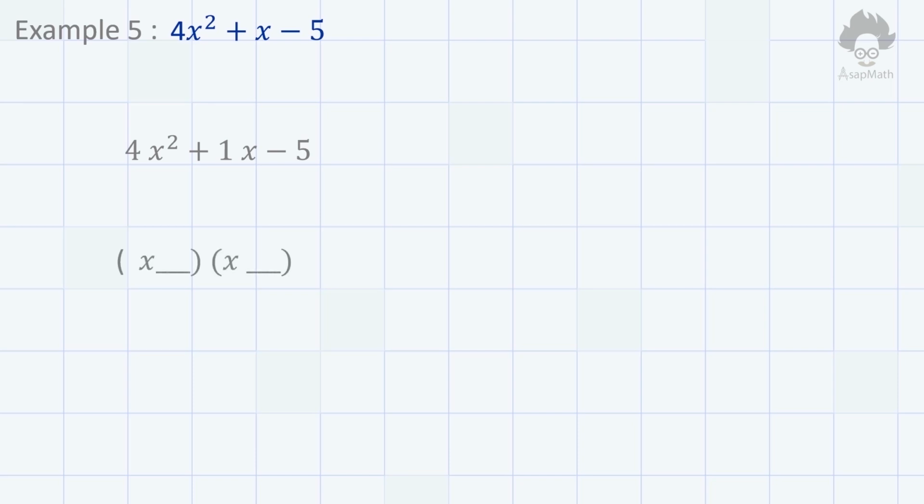Moving on to example 5. We can repeat the above discussed steps. The two relevant factors that satisfy the conditions are minus 4 and plus 5.